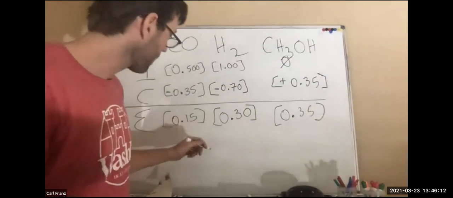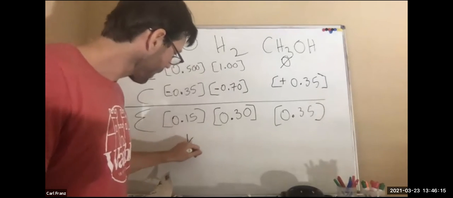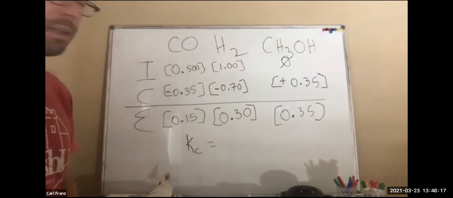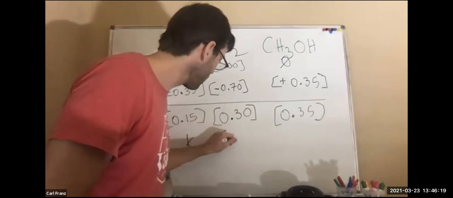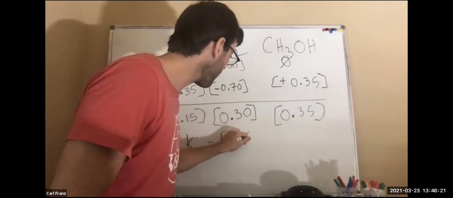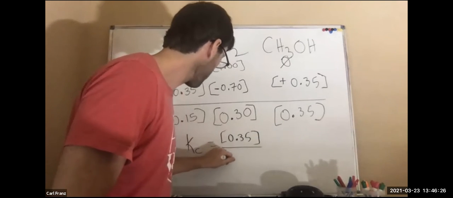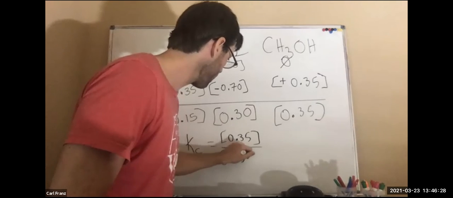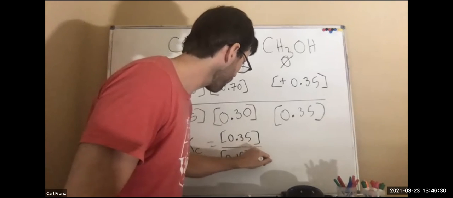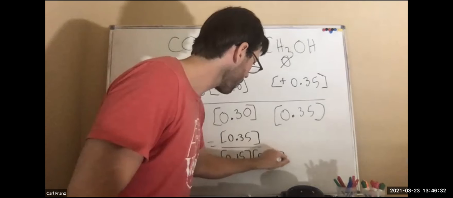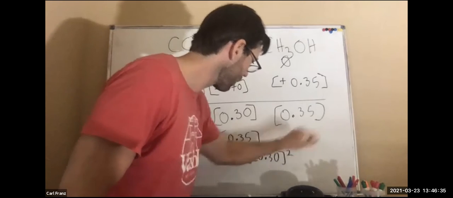So we write that the Kc is equal to 0.35 over 0.15 times 0.30 squared. How come the 0.70 doesn't play into what the product's change is?